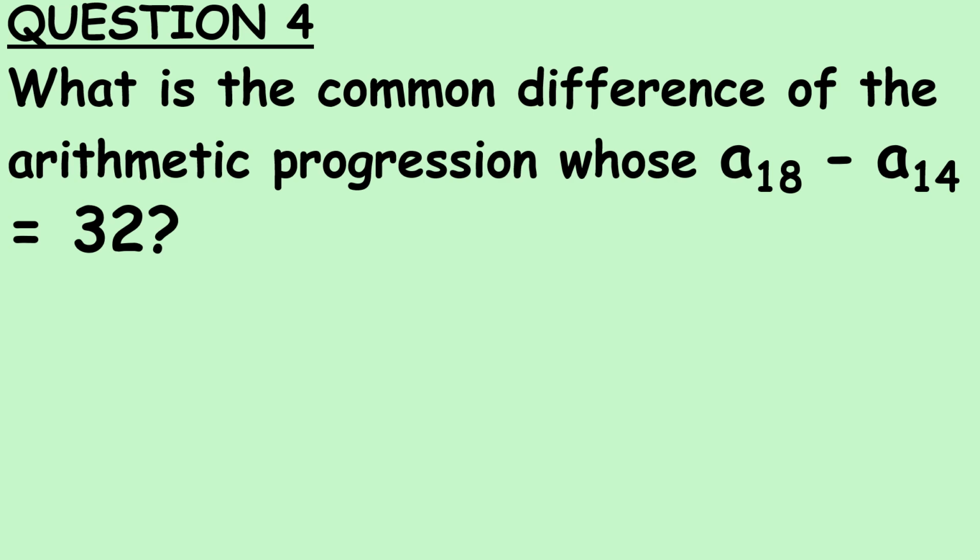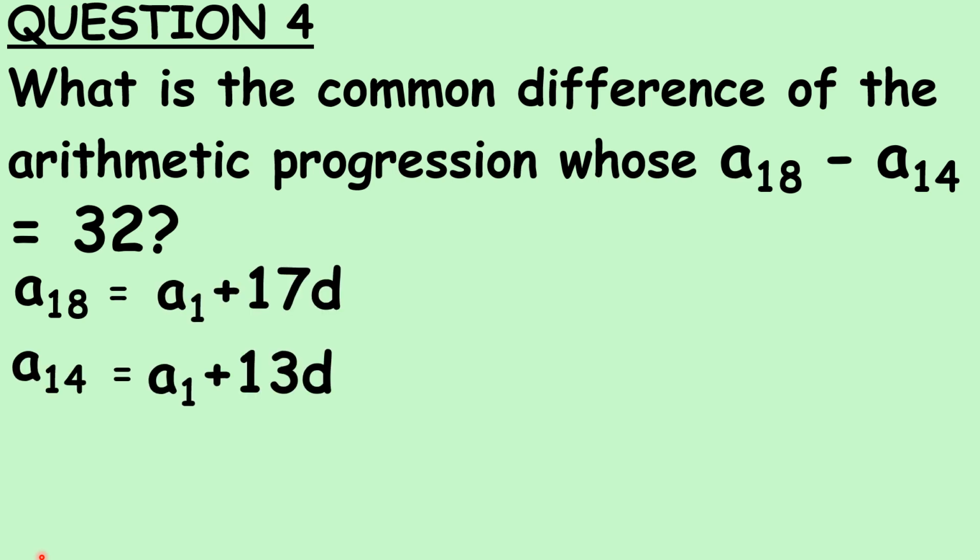But remember from the question, it says that A18 minus A14 is 32. So let's see what we have expressed and simplified. Remember we just established that A18 equals A1 plus 17d.